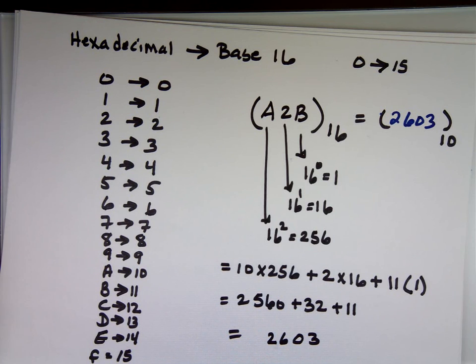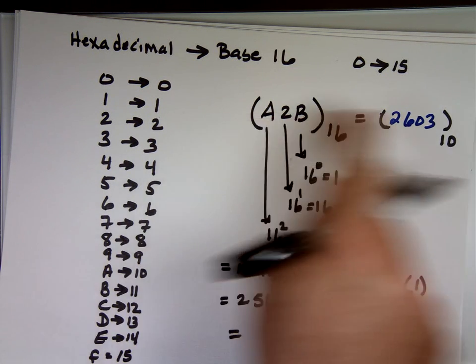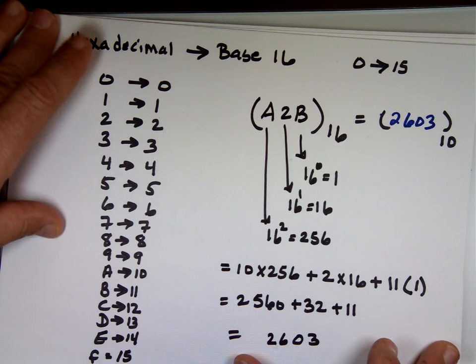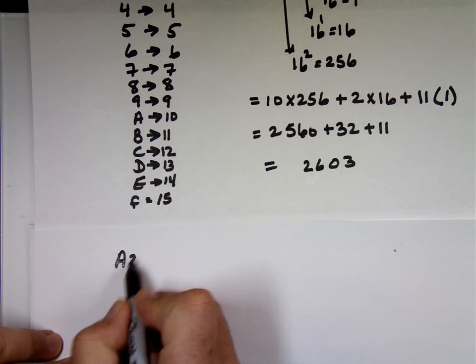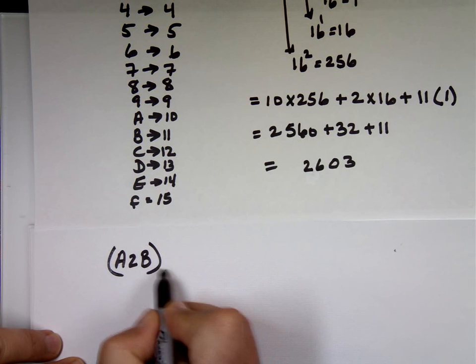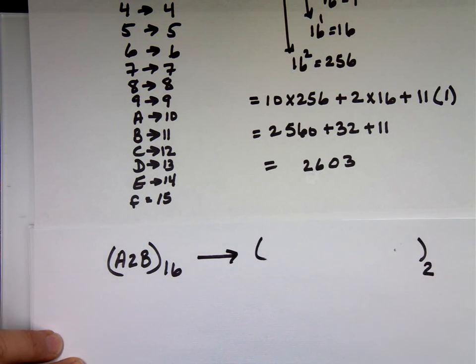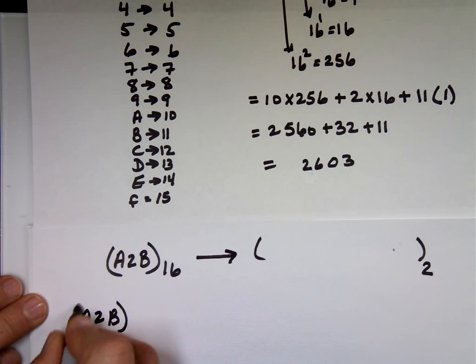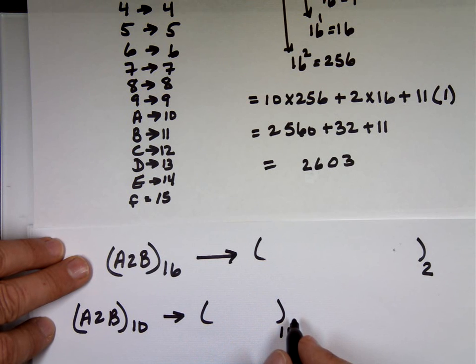How do you go from this to binary? Well, you go from this to base 10 to binary. So if I want to convert this to base 10 again, which is, what was it? 2603.